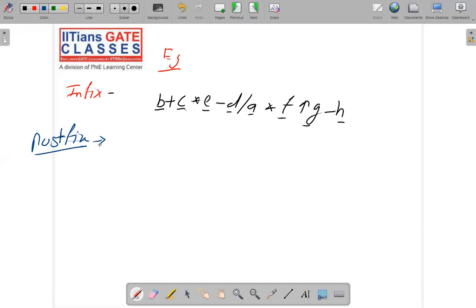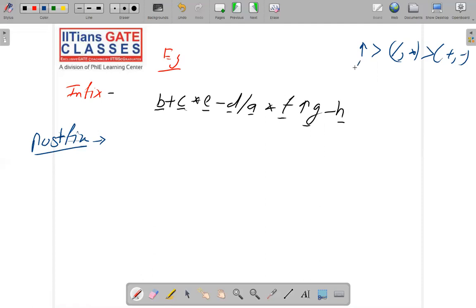In our case, we define that power has the highest precedence. The precedence works like this: power is greater than divide or star, which is greater than plus or minus.